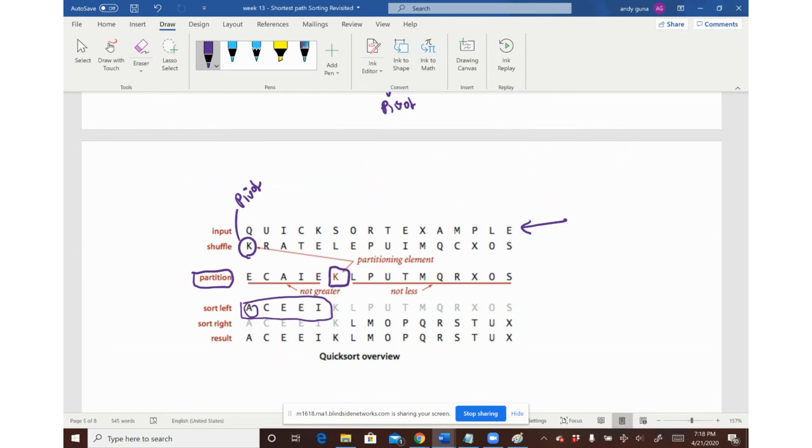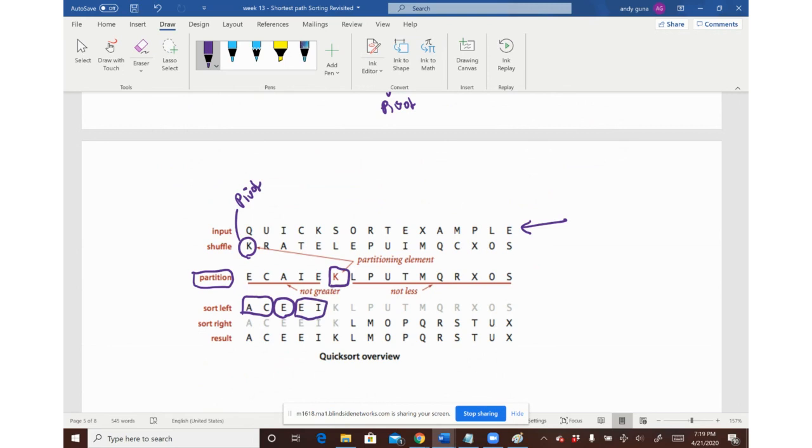So the goal is to get a good pivot by randomizing. For example, if you pick the pivot to be E for the next partition, it's partitioned into two arrays, and E is in the right place. E shouldn't go anywhere else. And now I can recursively apply quicksort to the other partitions.